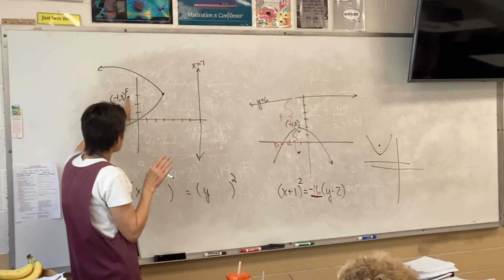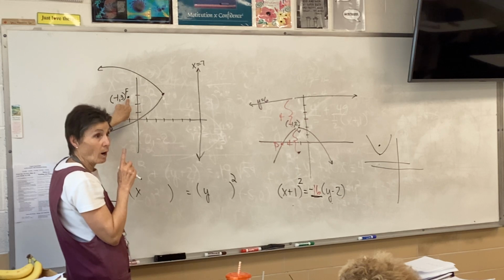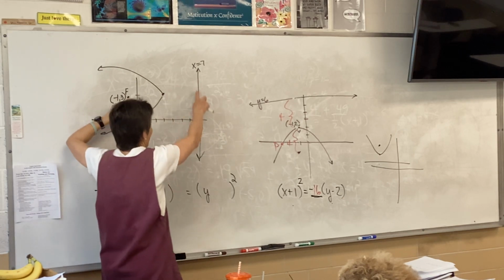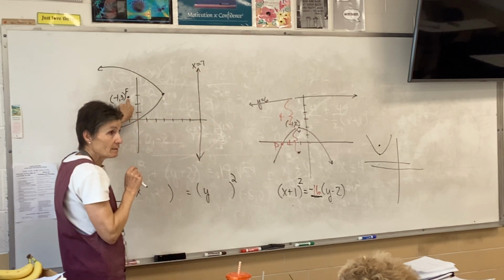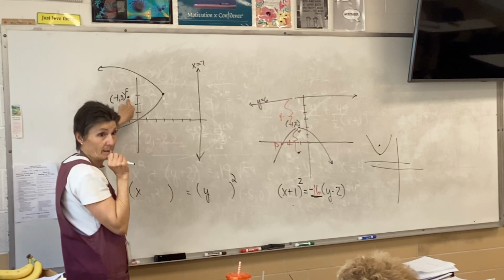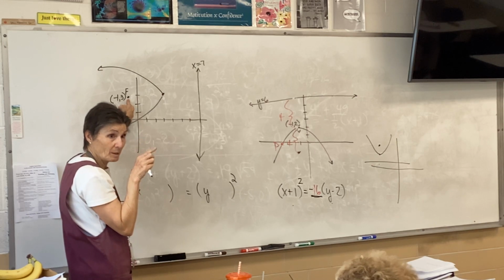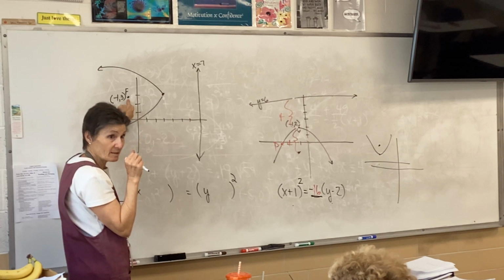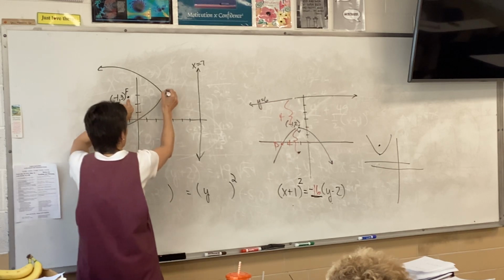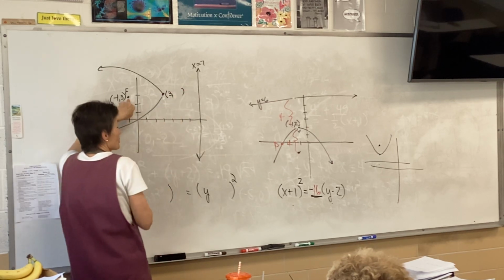So this x is -1. This x is 7. What is the middle x for -1 and 7? 3. -1 plus 7 is 6. Half of 6 is 3. So my x is 3.